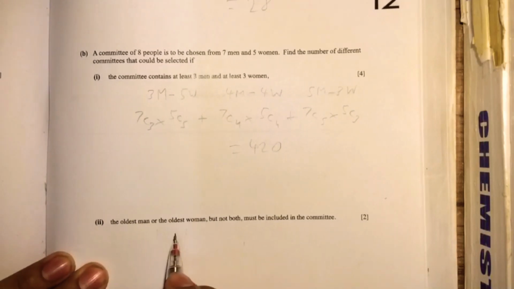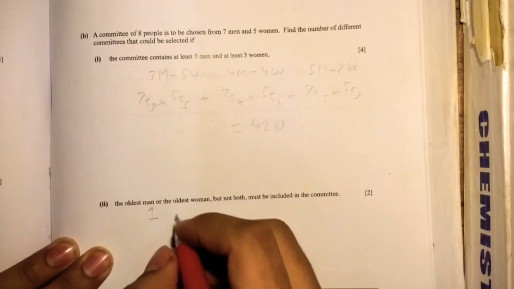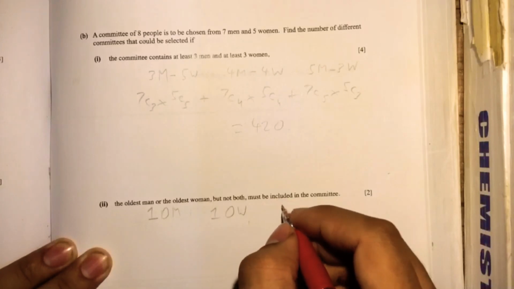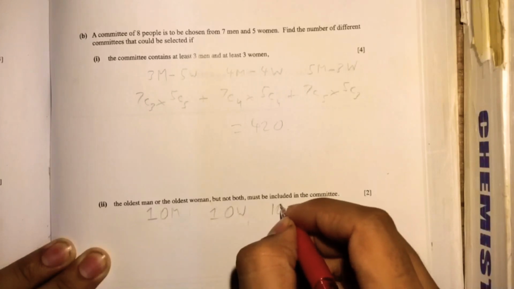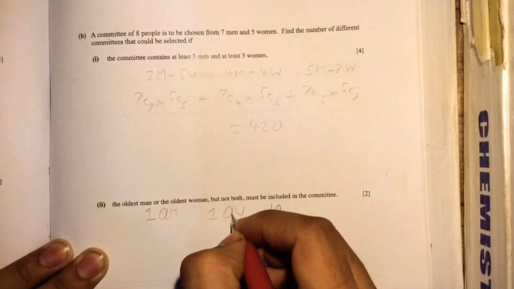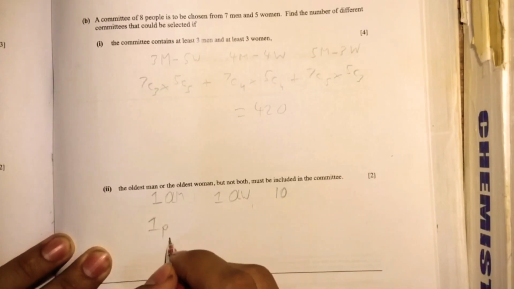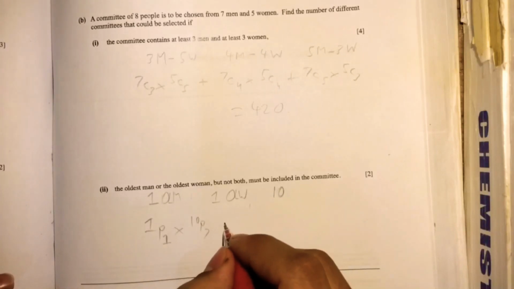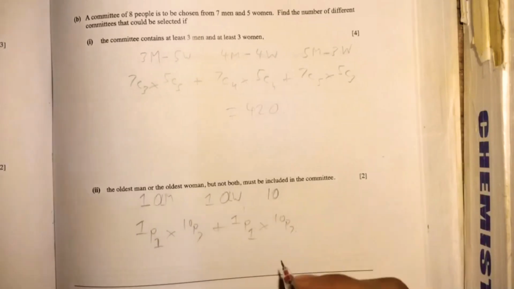Now if the oldest man or the oldest woman have to be selected, so we have one oldest man, one oldest woman, and then there are 10 more people. So either there is the oldest man, and out of the rest of the 10 people there will be 7, or the oldest woman, and out of the rest of the 7 people.